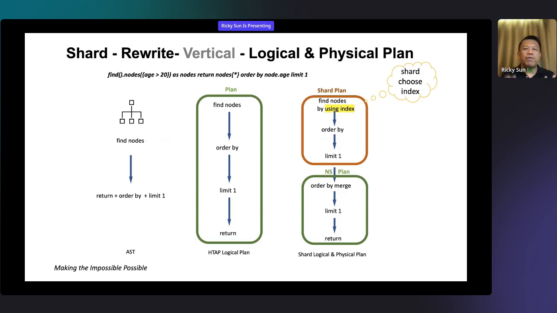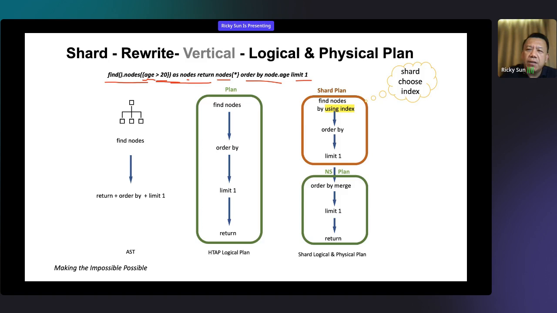So let's use a very simple graph query, as illustrated here: finding all the nodes, assuming a node has an attribute called age, like this could be a person or something, with age over 20, return these nodes, and order by the node's age attribute.